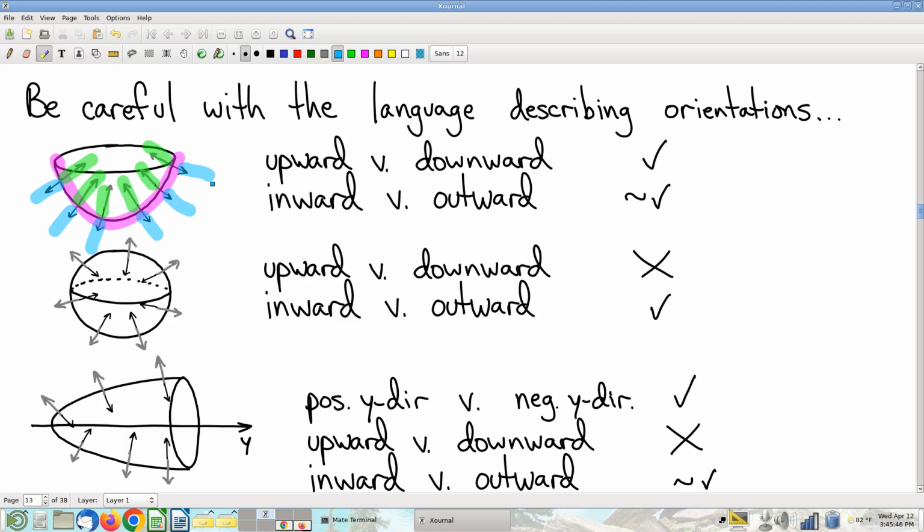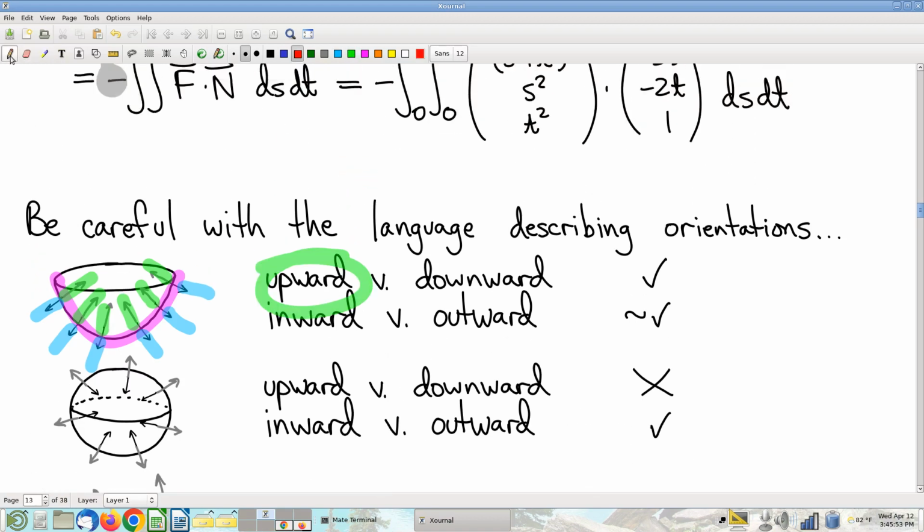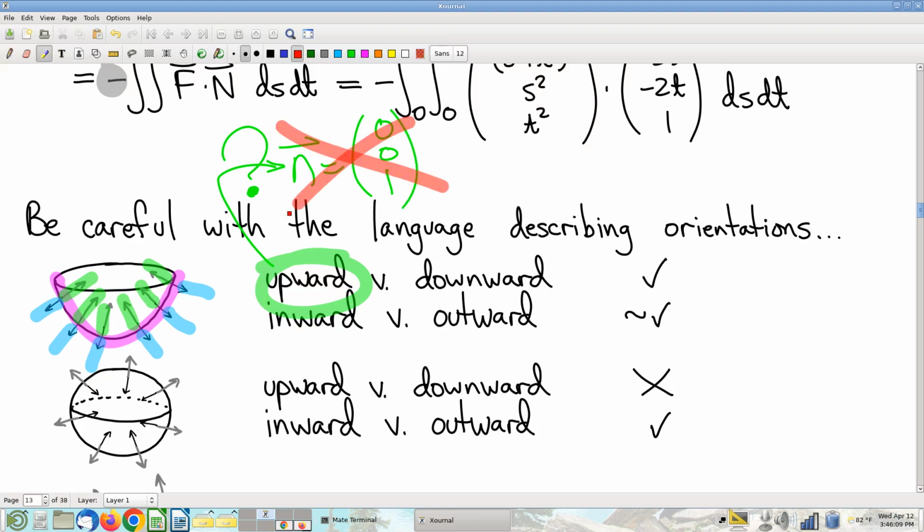So why do I like this language, upward? One could make the case that it's a little misleading. For example, there would be a temptation to infer from this that the normal vector is (0, 0, 1). Right? So make sure to understand that is not what this is saying. When we say upward as our orientation, I'm not using a simple word to describe a precise unit normal vector.